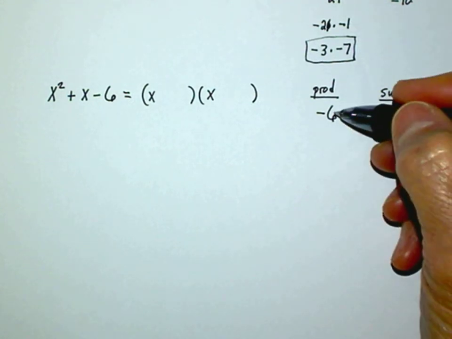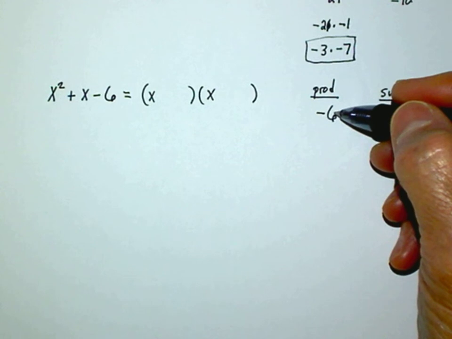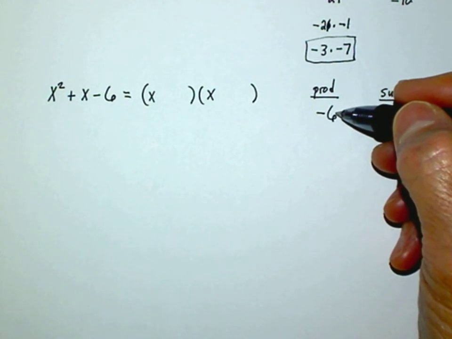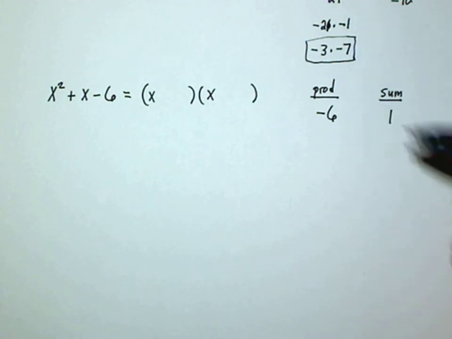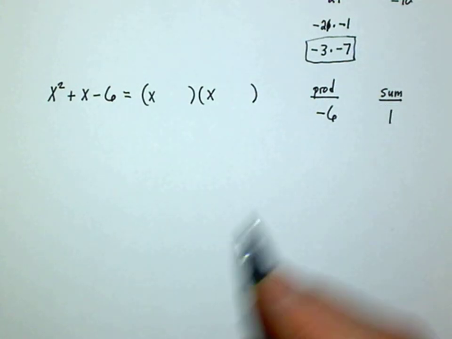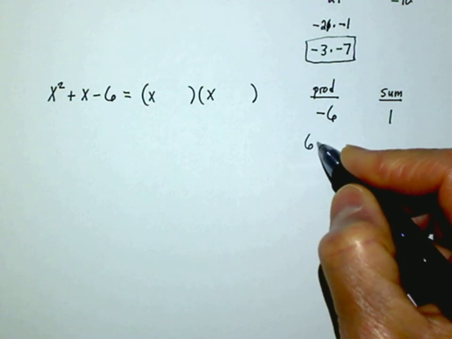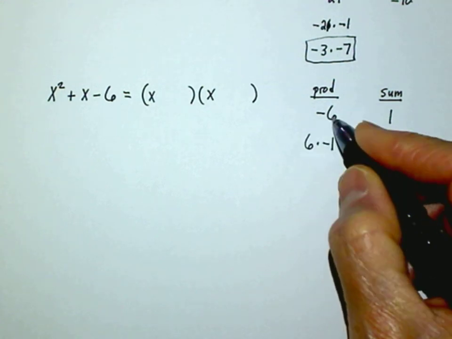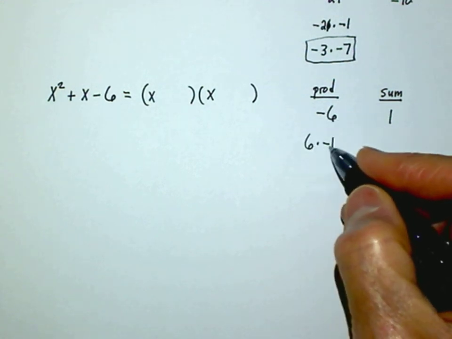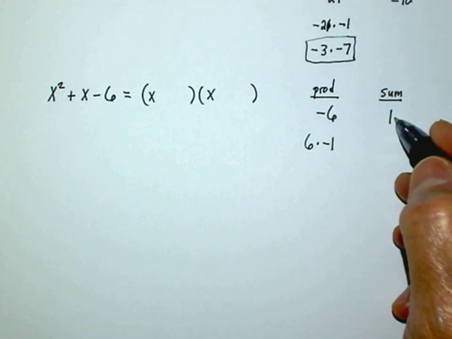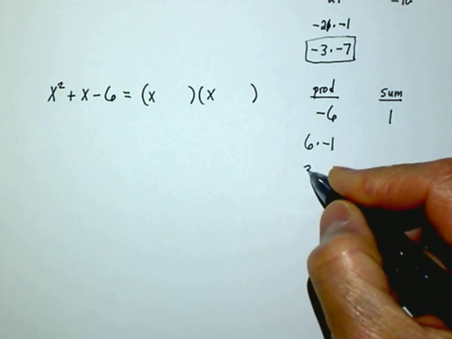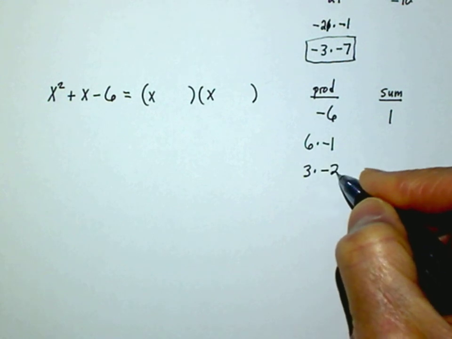To get a negative product, I know I had to multiply a positive times a negative. So let's try some combinations and see what works out. 6 times -1 will give me -6. 6 plus -1 does not give me 1. Let's try 3 times -2.